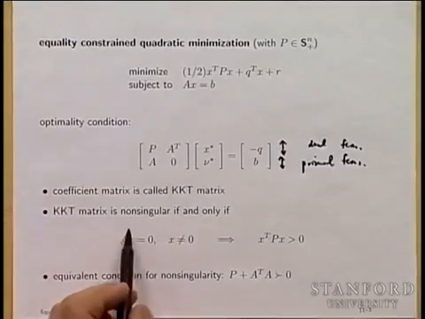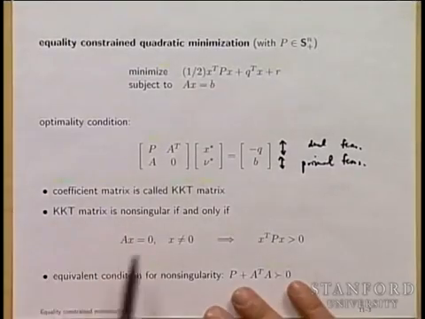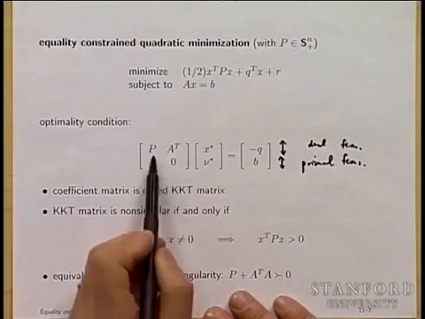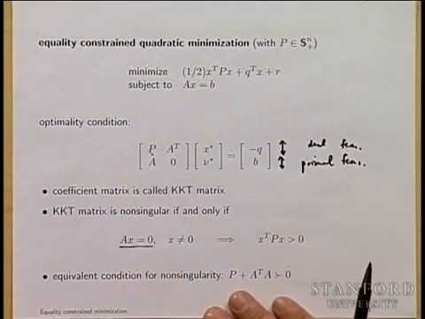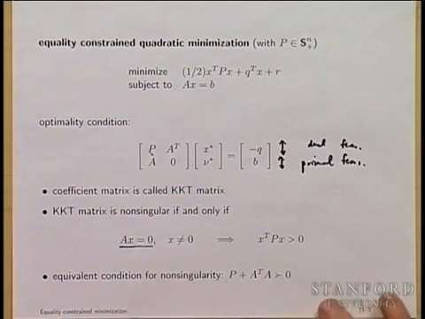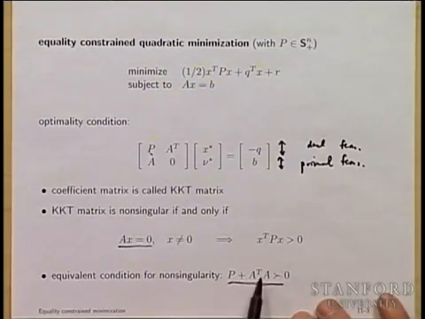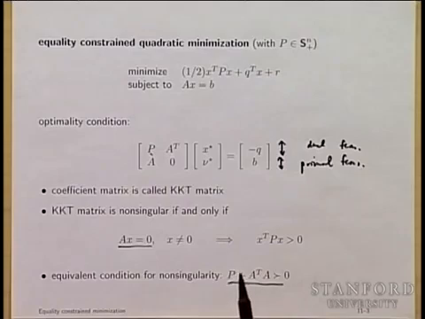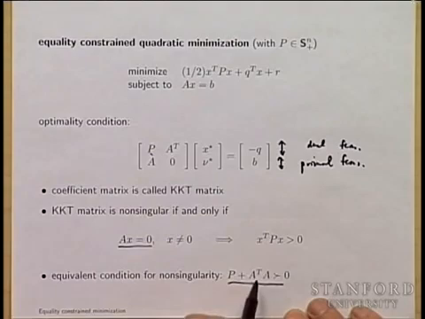And it's non-singular if and only if the following is true. On the null space of A, P is positive definite. That's exactly the condition. And that's completely equivalent to P plus A transpose A being positive definite. And this makes perfect sense. A transpose A is positive semi-definite, of course.